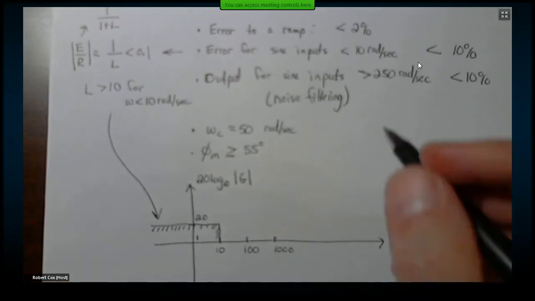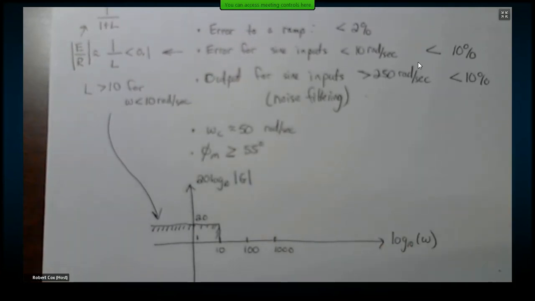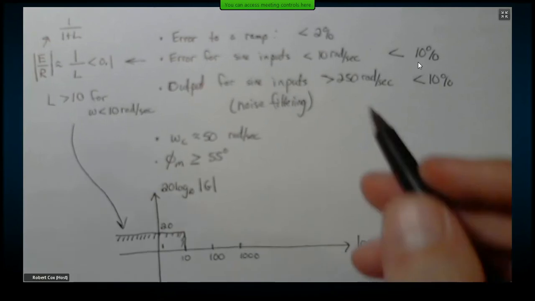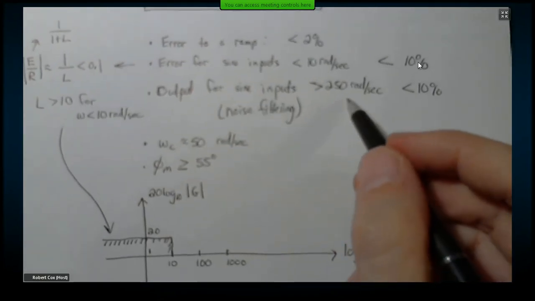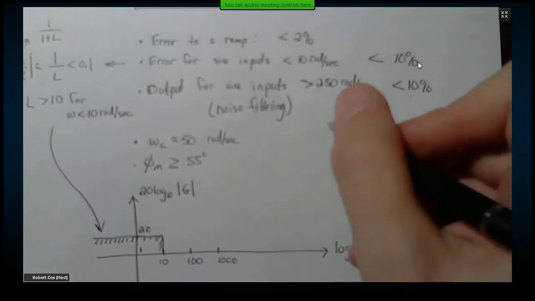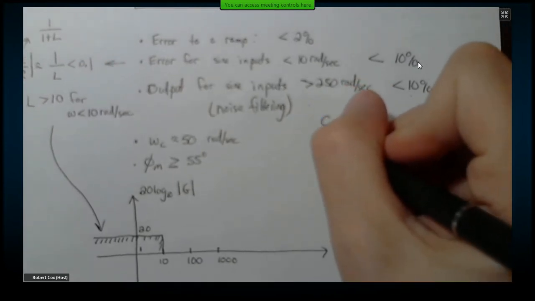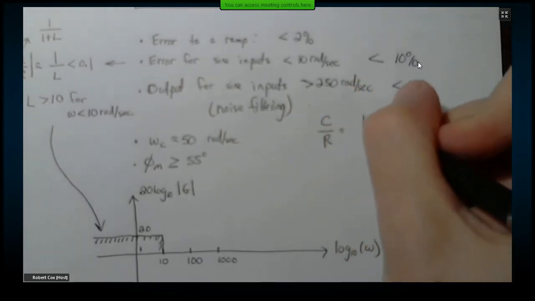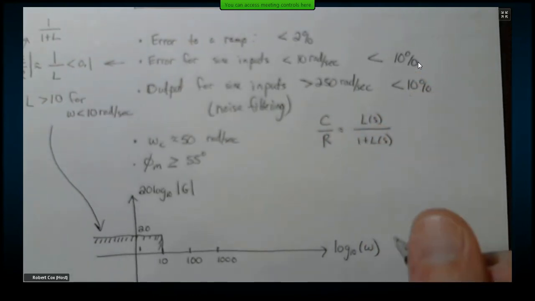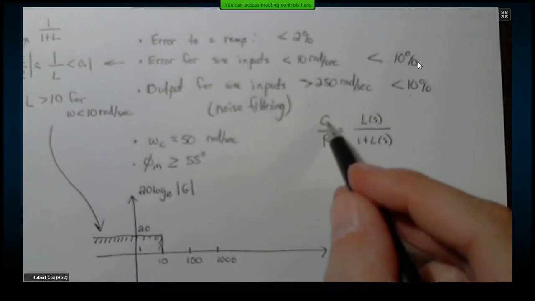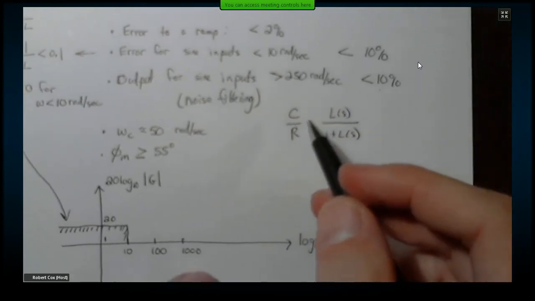Now, this gives me a high frequency obstacle. Okay, what is that? The output for sine waves greater than 250 radians per second has to be less than 10. Well, our output, we said, is this, L of S over 1 plus L of S, right? That's my output from my input.